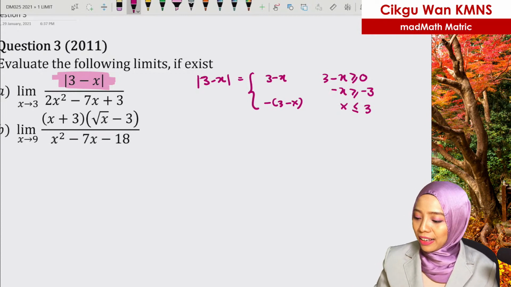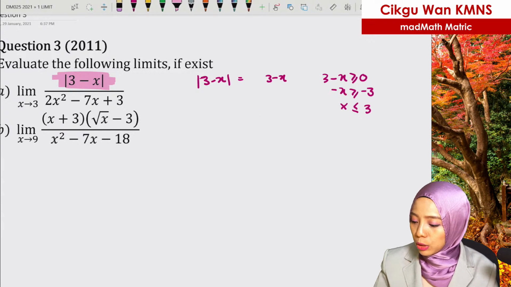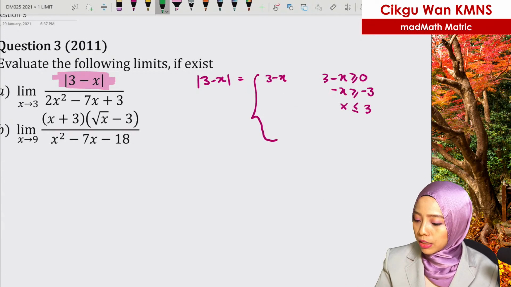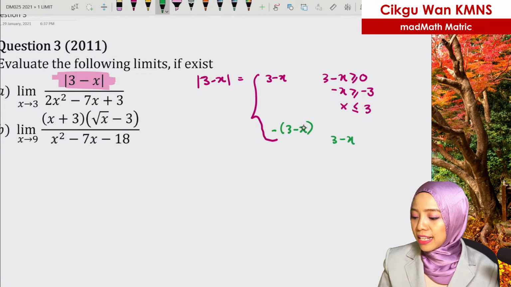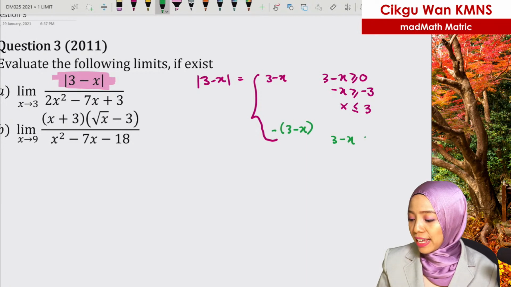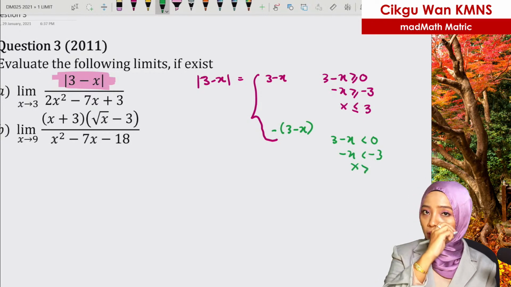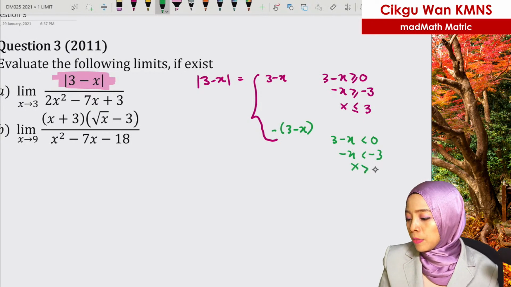I use another color so it is clearer. So this is negative of 3 minus x. Here we are taking the negative, so it is less than 0. Again, negative x less than negative 3, so x is greater than, you divide with a negative number, you change sign, so 3.